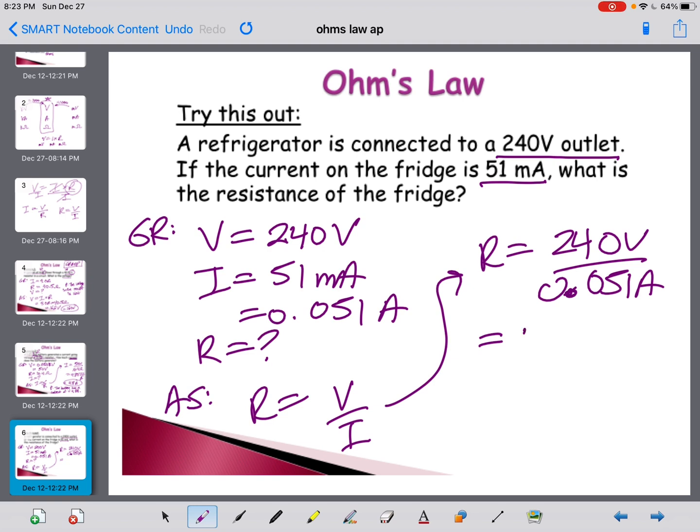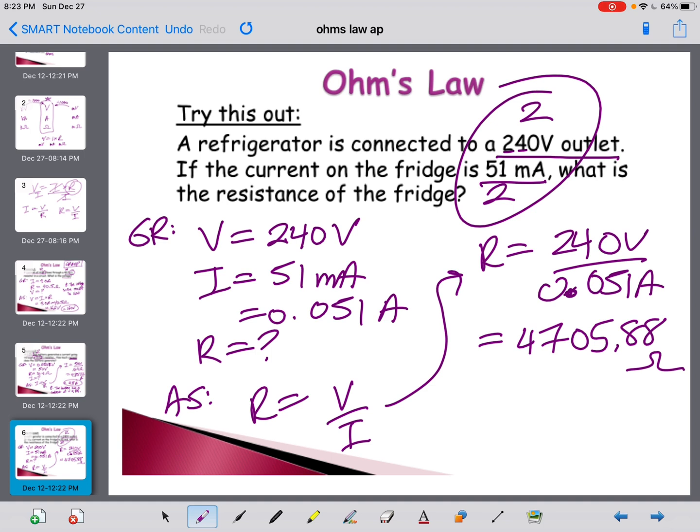So we get 4705.88, but we're not going to use all those digits. Okay, so we want both of these now. In this case are 2. 240 is 2. 51 is 2. So remember, you always go back to the original question.